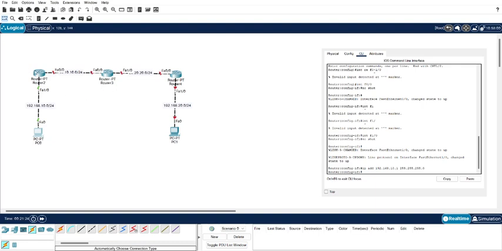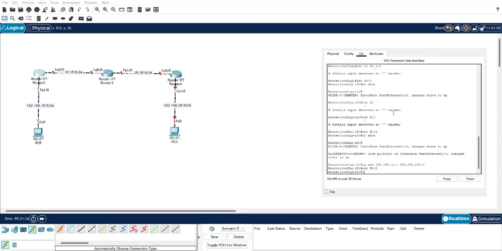Okay, after that let's add the IP address for the router. For the router, let's add this. After that we add 10.10.10.1, because the second router is going to have 10.10.10.2.